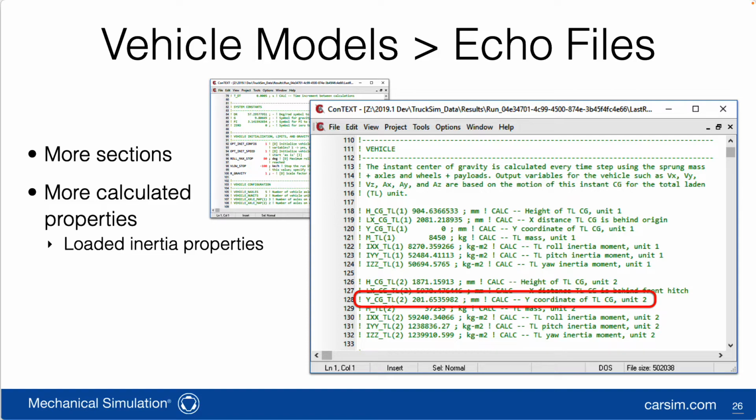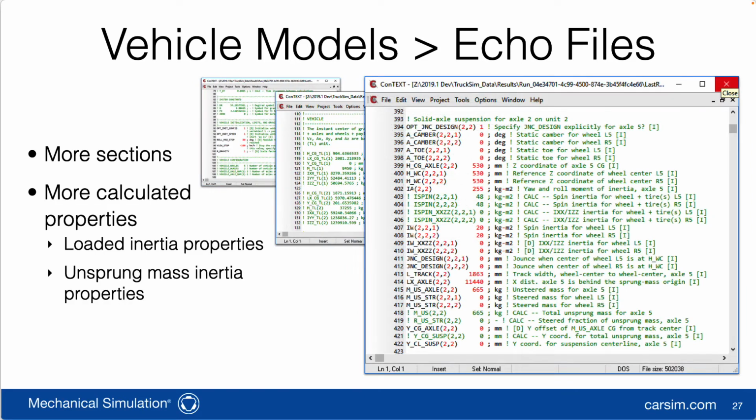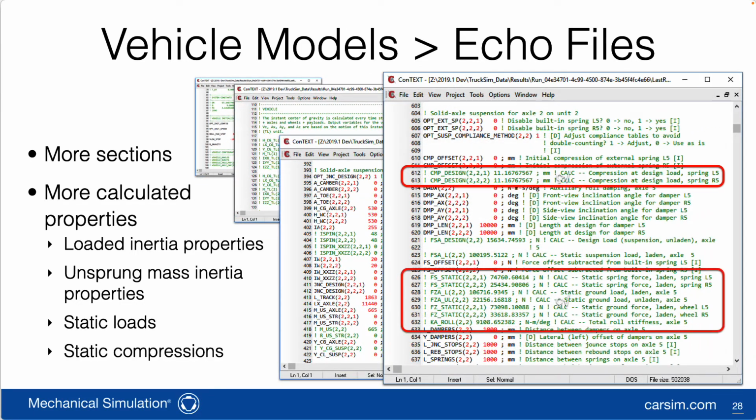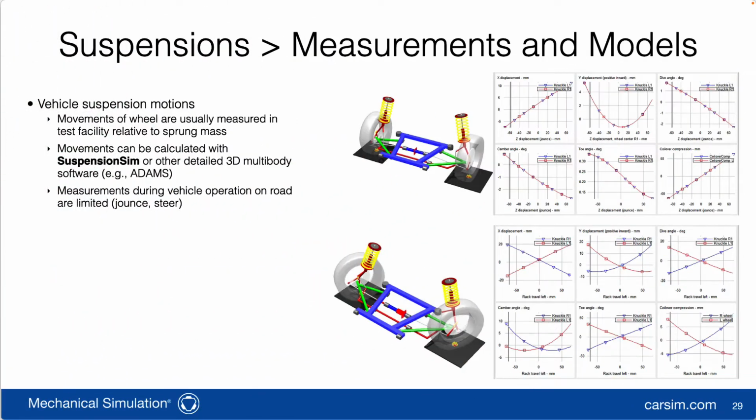So we have inertia properties that are a combination of the sprung, the unloaded, and the payloads. We have the unsprung mass properties of what's steered and what's not steered. We have the static loads from the tires and the springs, and not only the loads but the compression. Those are all calculated independently now and listed in the echo file to ensure that we're getting them right.